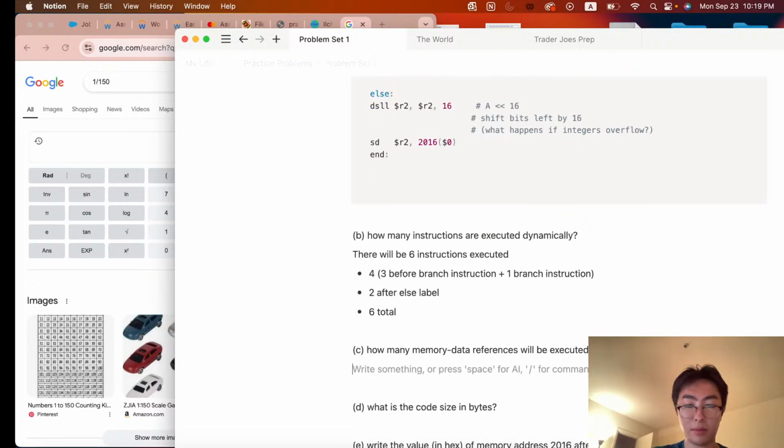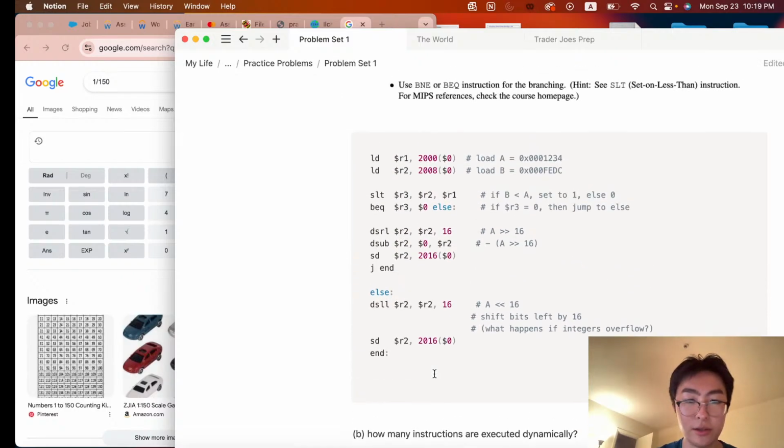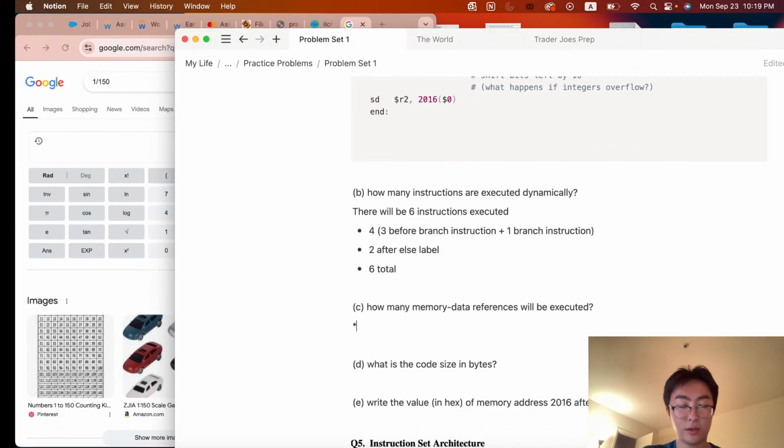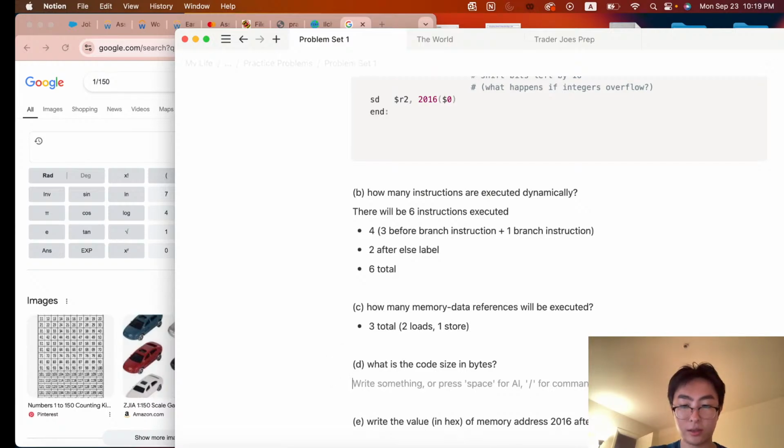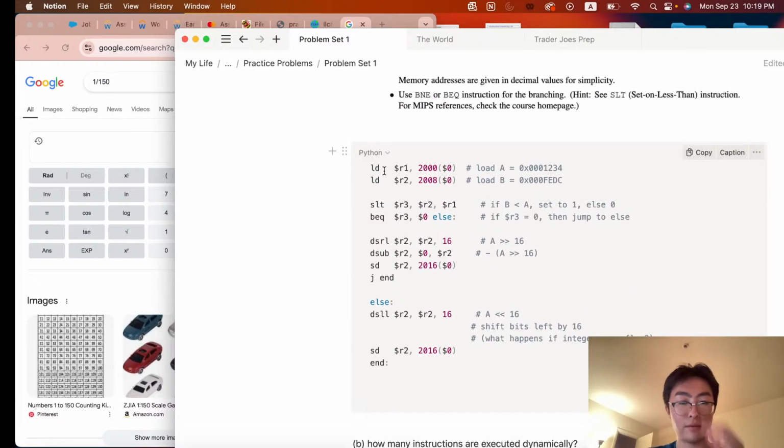How many memory data references will be executed? So we have 1, 2, 3. So 3 total memory. So 2 loads, 1 store. Code size in bytes. We have load data. So 1, 2, 3, 4, 5, 6, 7, 8, 9.